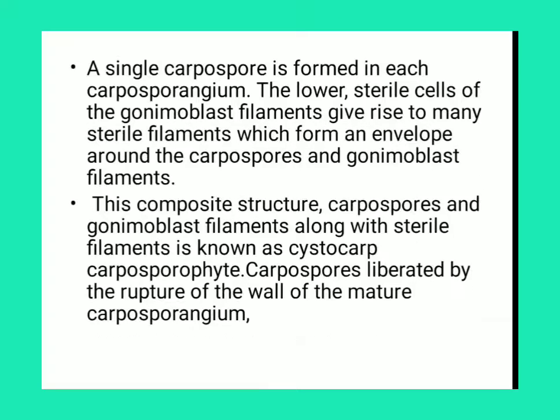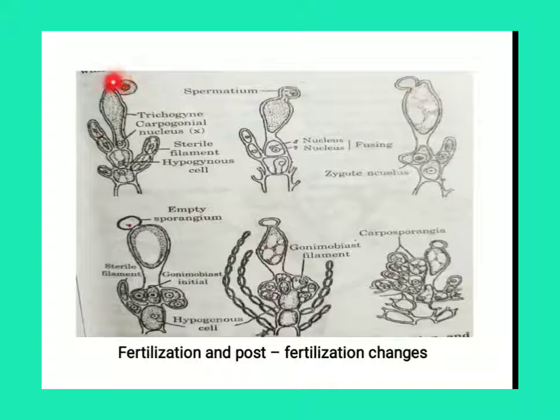You can see in this figure, this is the structure of the carpogonium and these are the spermatia. The spermatia are liberated from the spermatangium. They attach to the trichogyne, and the wall between the trichogyne and the spermatium is dissolved.